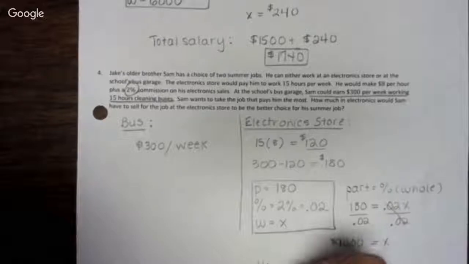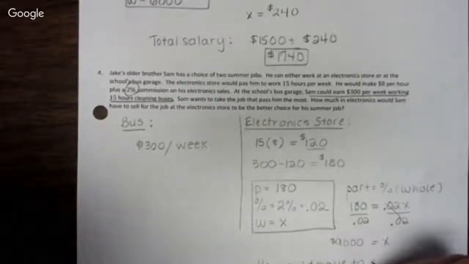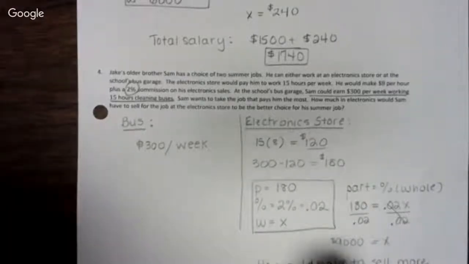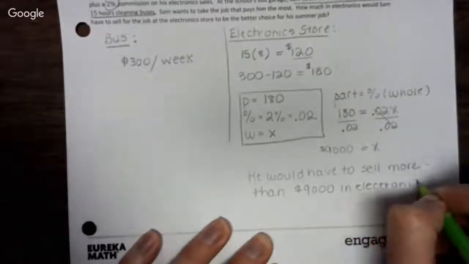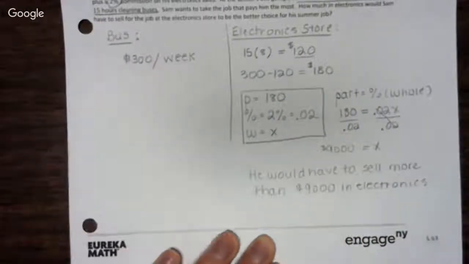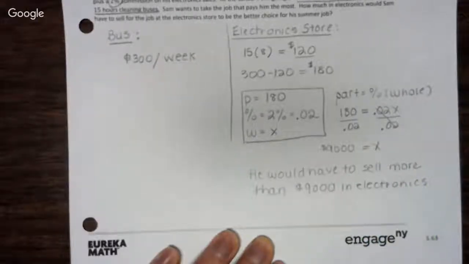So he would have to sell more than, because remember, we want to make more than $180, $9,000. Let me move this up so you can actually see it. In electronics. So for this job to be better, he'd have to sell more than $9,000.